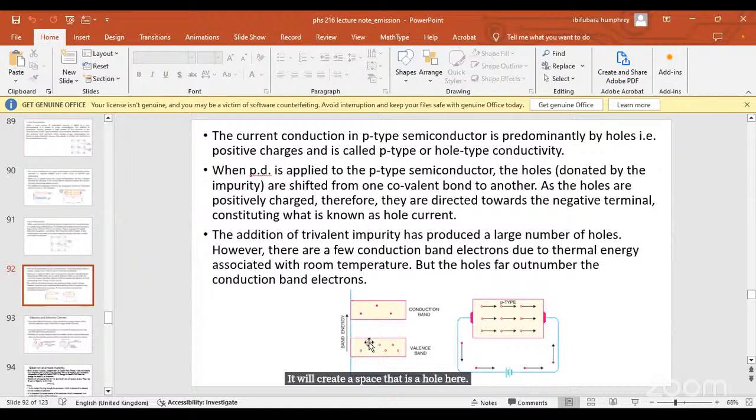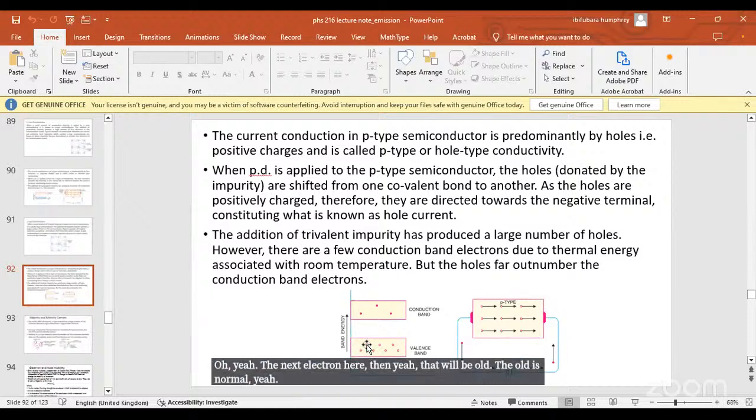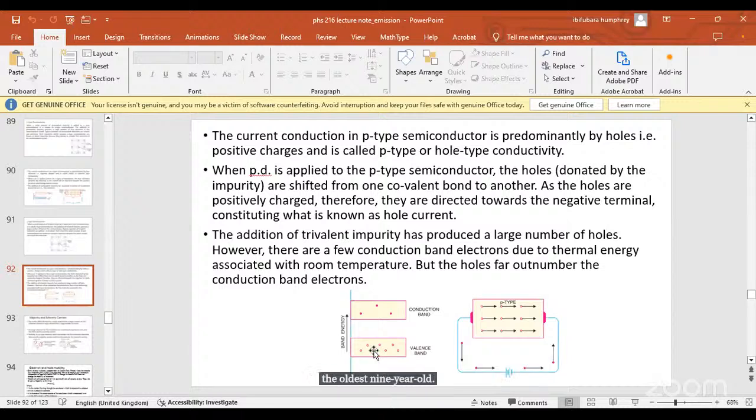Then this next electron will jump into this hole to fill it. Then the hole is no more here. The hole is now here. This electron will jump to fill this hole.